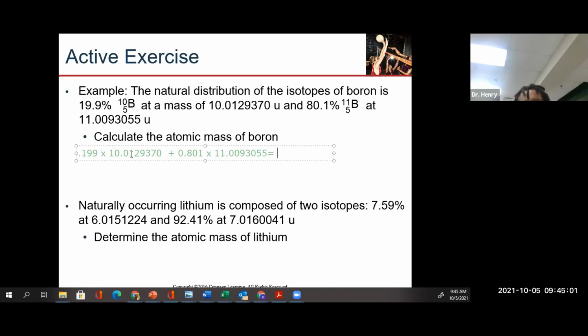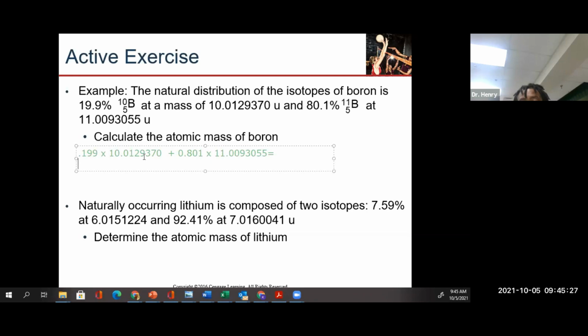What is the rule about significant figures? Anybody remember? It's always the lowest number, right? So if we're doing multiplication, we have 3 sig figs here multiplied by 9 sig figs, so we should end up with a total of 3 sig figs.